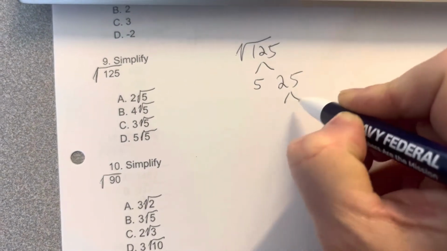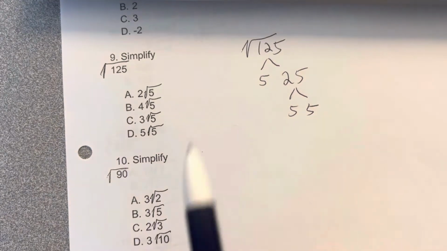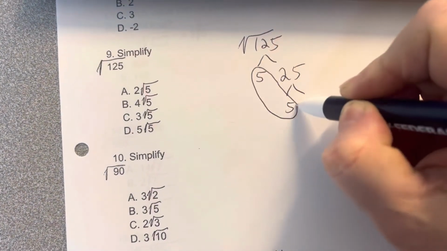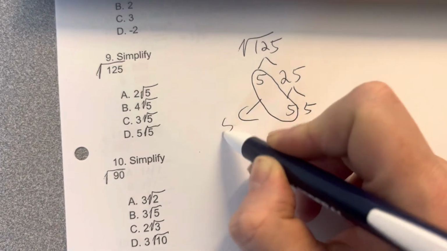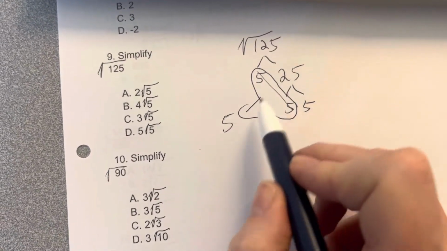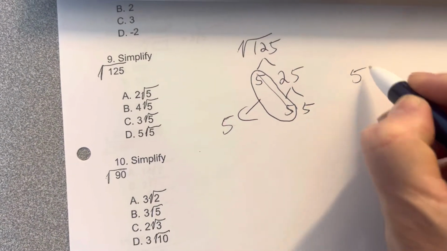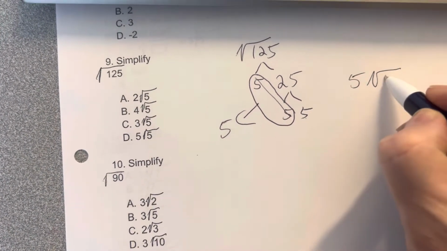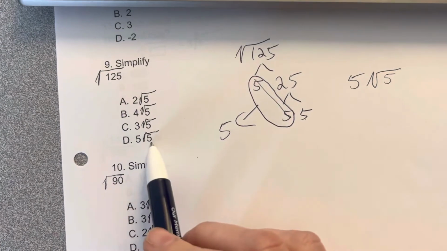And then 5 times 5 is 25. Now we have a square root, that means we only group in 2s. So see it twice, write it once, that's gone. So that went to the outside, so 5 squared it off, and that 5 is left over. So 5 square root of 5 is our answer.